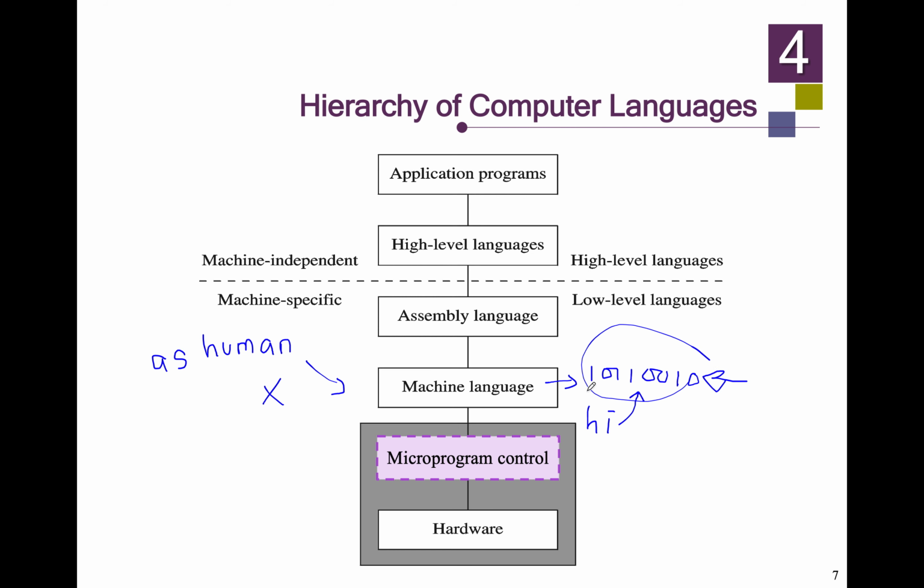So you need some language that can convert and interconnect between machine language and another language. Then you can use this language to do programming and convert it into machine language.